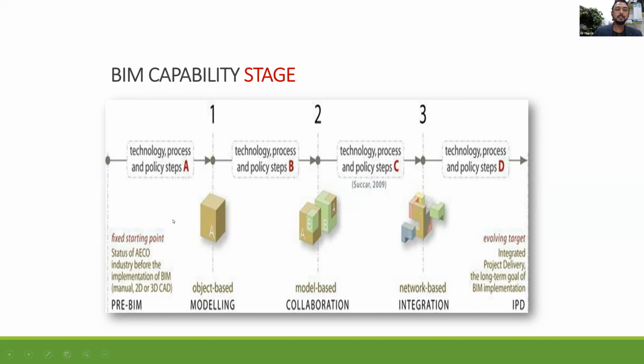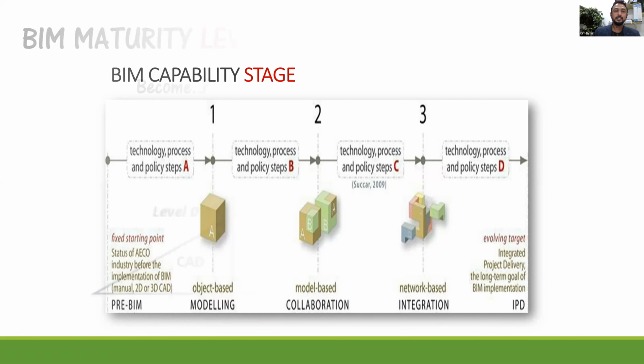If you are capable of modeling one type of model, then you are at stage 1 capability. If you can merge two models into one integrated model and collaborate nicely, you are at stage 2. And if you have a network-based integration, then you are at stage 3. This is totally to measure your capability in handling the technology.